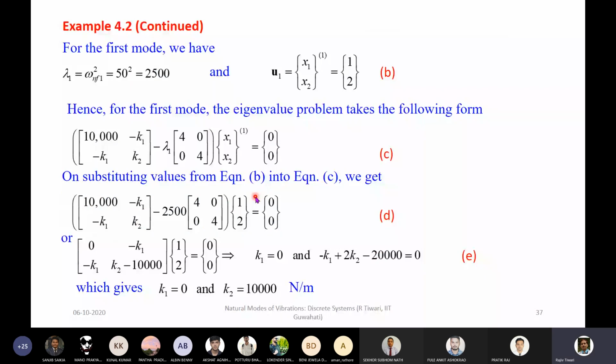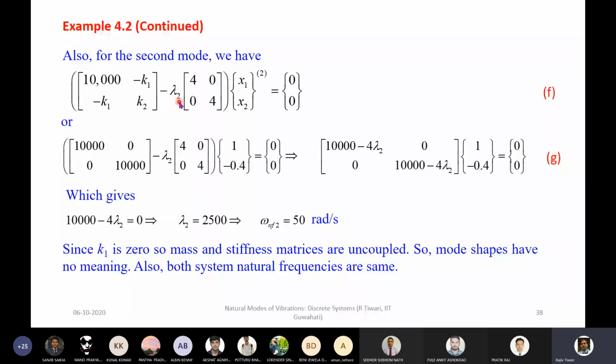So we need to find the natural frequency associated with this. Again we'll write the eigenvalue problem, now for the second eigenvalue lambda 2, with its corresponding eigenvector. Because k1 and k2 are now known, they can be substituted, and the eigenvector here also can be substituted, and if we simplify we'll get something like this.